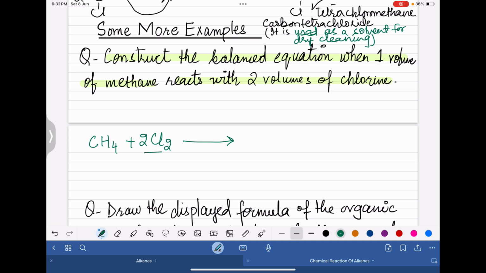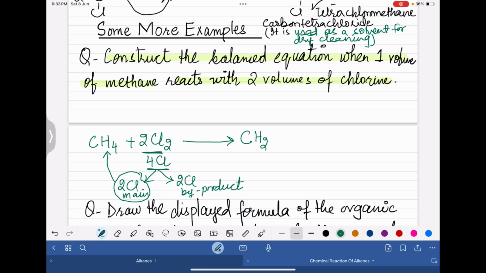For this, now there are total 4 chlorine atoms in 2 chlorine molecules. Out of 4 chlorine atoms, 2 chlorine atoms will go in the main product and 2 chlorine atoms will go in the byproduct. So if 2 chlorine atoms will go in the main product, this means that 2 hydrogen atoms will be kicked out.